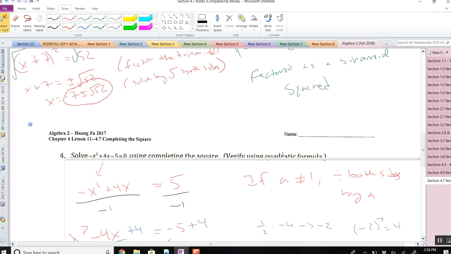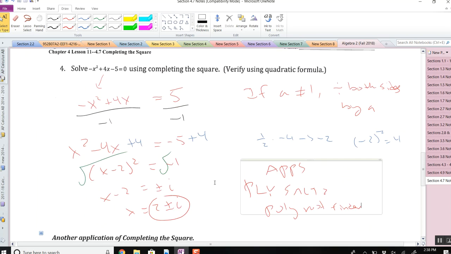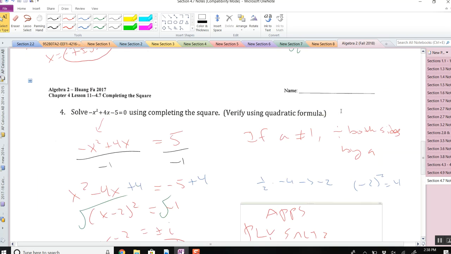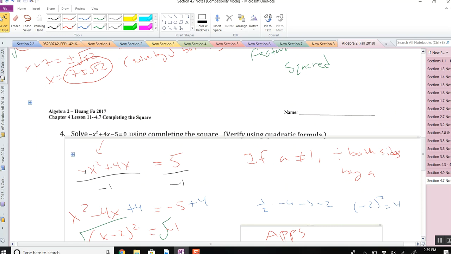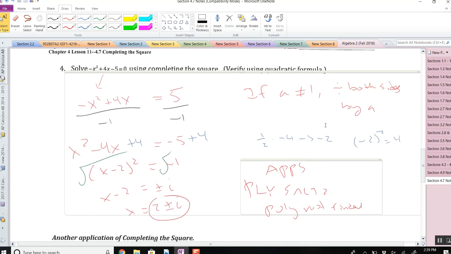Okay, let's talk about some other applications of completing the square. So this is really the main process we're talking about, completing the square. It's called completing the square because what you're doing is you're taking something like x squared minus 4x and making a perfect square trinomial. Completing the square is deliberately making a quadratic expression a perfect square trinomial.